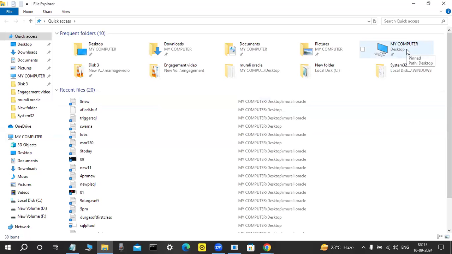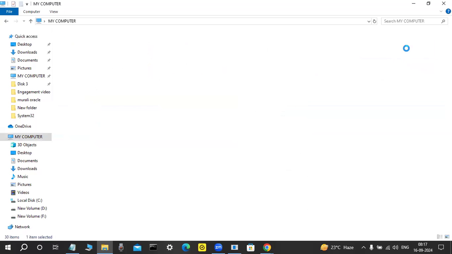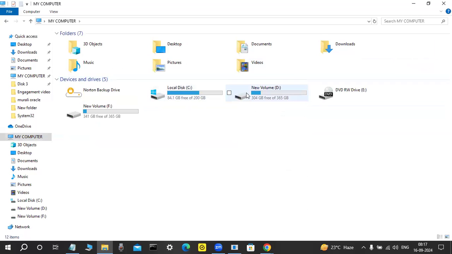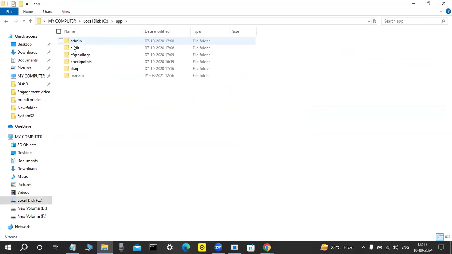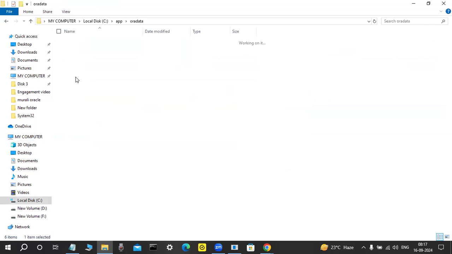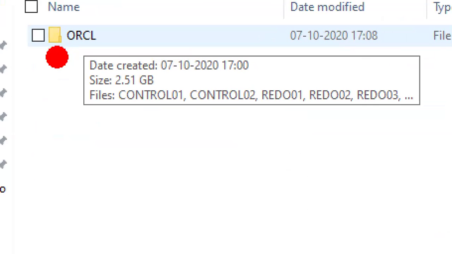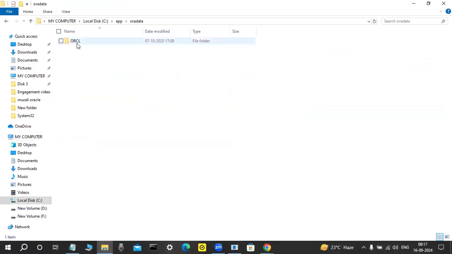I open My Computer, then the C drive, where I know Oracle is. I open that folder. Here the Oracle folder is there. Now I am opening the ORCL folder.